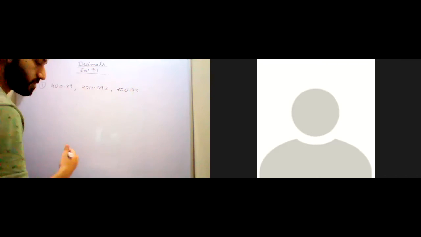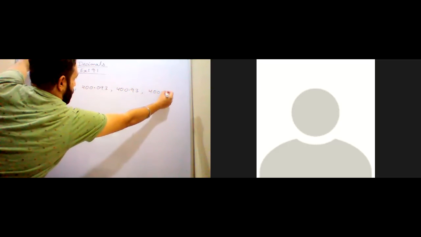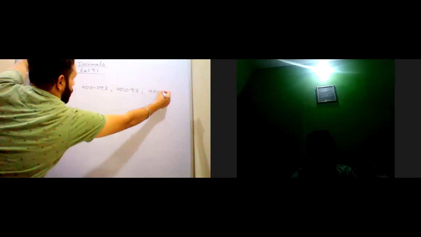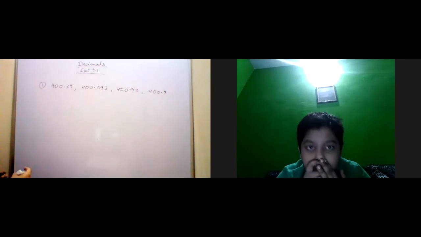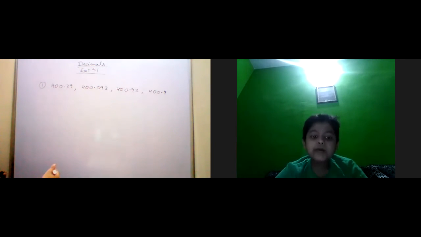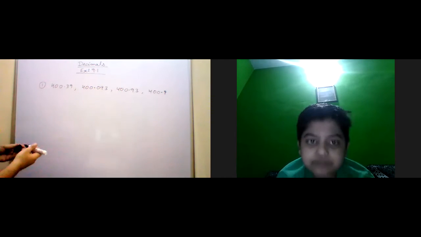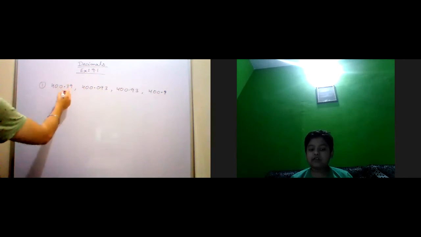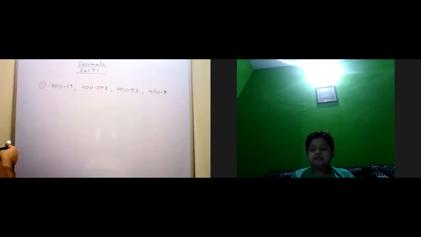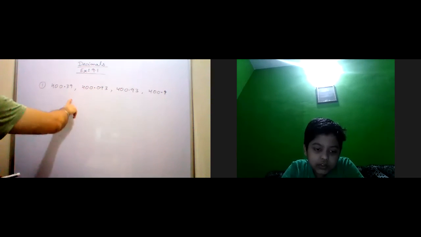And the last one is 400.9. So these are the four numbers. First of all, count the number of decimal places in each of the numbers. How many decimal places are there in the first one? There are 2 digits after decimal. So this is known as number of decimal places.